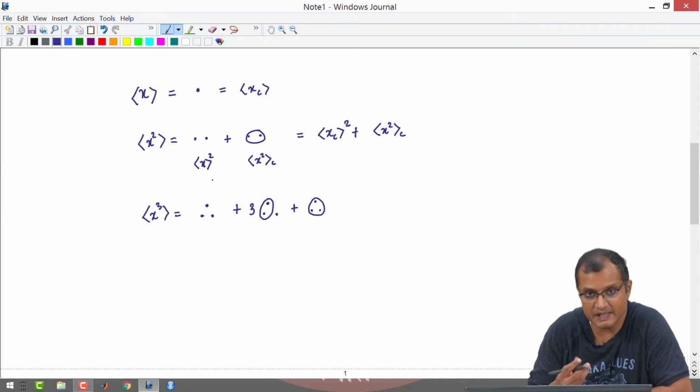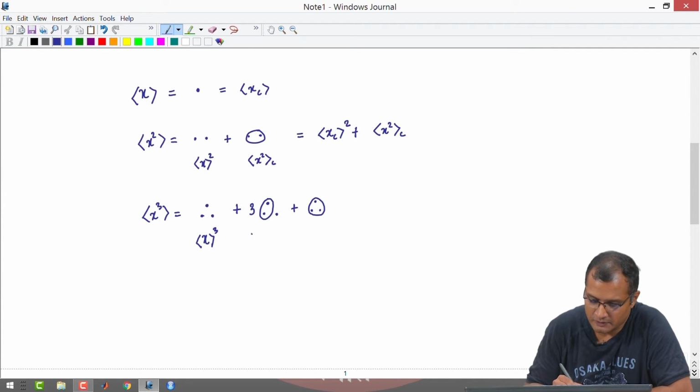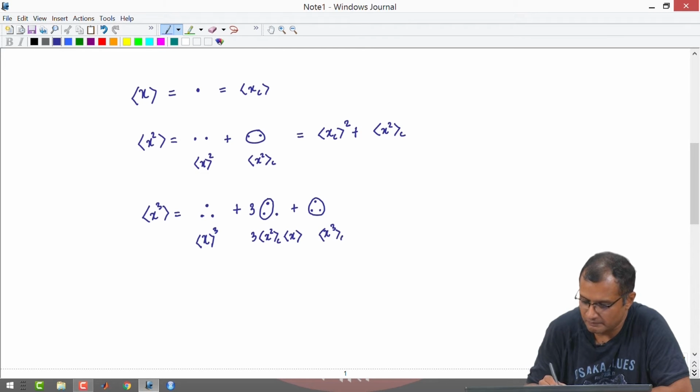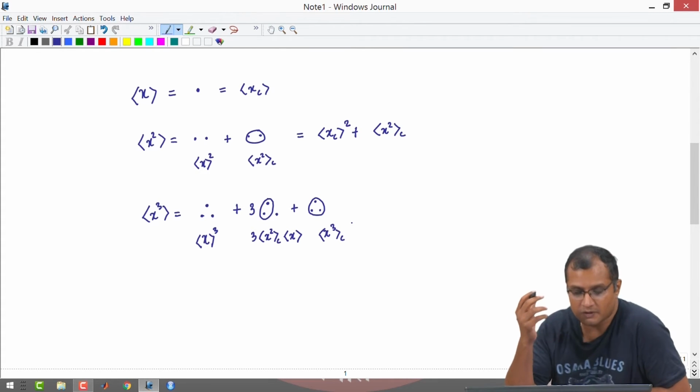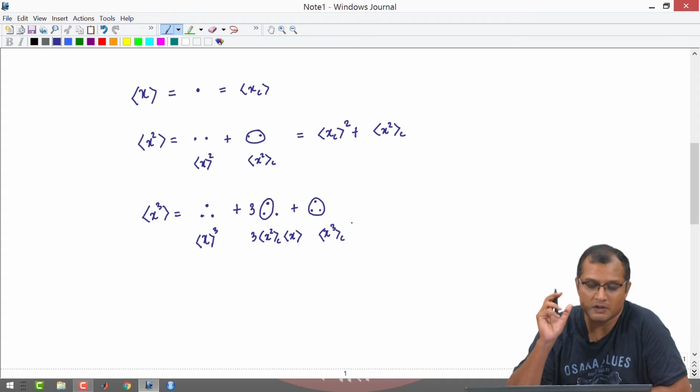So, the first is basically 3 disconnected dots, which is nothing but the first moment to the power 3, plus 3 times the second cumulant into the first moment, and 3 connected dots is the third cumulant, because we have the logic of keeping connected dots as cumulants.